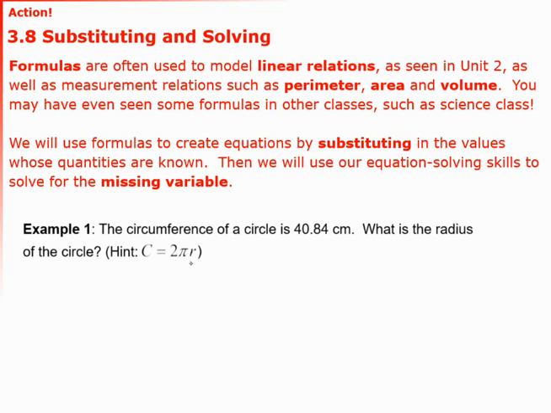So how are we going to do that? Well, we're going to use our skills of inverse operations, and we're going to reverse all the steps to get the r by itself. So let's think, if this was like we've done in the past, we'd say, what's happening to the r?